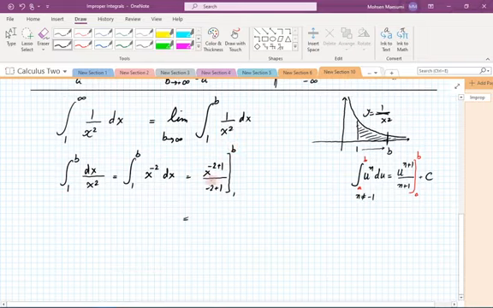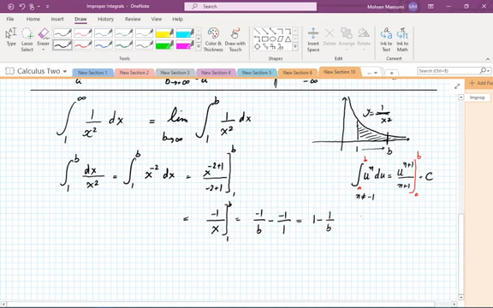So this becomes x to the power of minus 1, which means 1 over x, and this is minus 1, which I might write here. So 1 to b. Plug the b in this: minus 1 over b, minus, plug 1 in this: minus 1 over 1, or to clean up, 1 minus 1 over b.